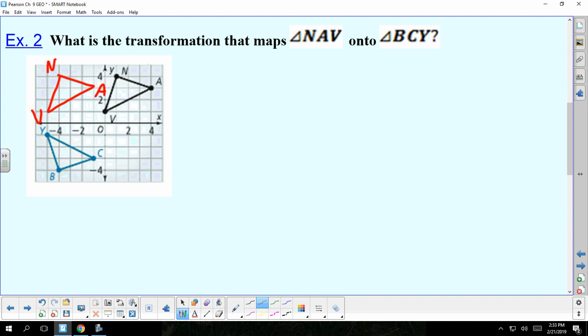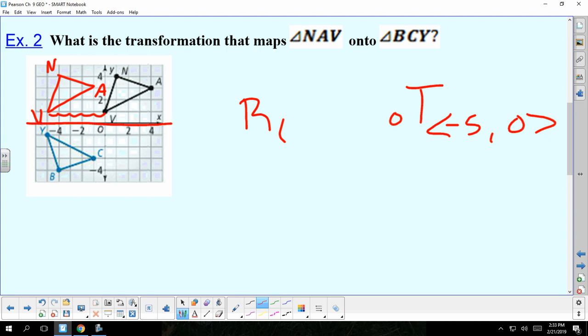So to get from NAV to BCY, I'm going to first translate. And I'm going up and down 0. I'm going to go over 1, 2, 3, 4, 5 to the left. And then I'm going to reflect it across this horizontal line here, which we can write as y equals 0. Right? Y equals 0 is the equation of the line for the x-axis.